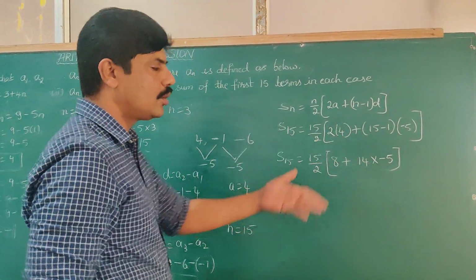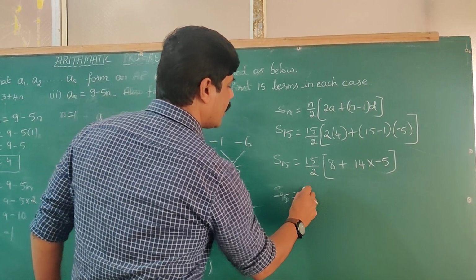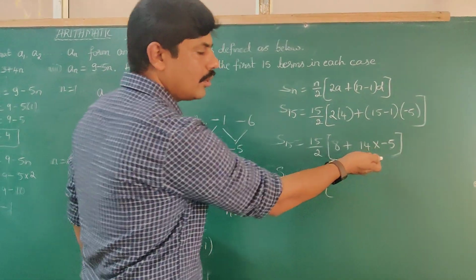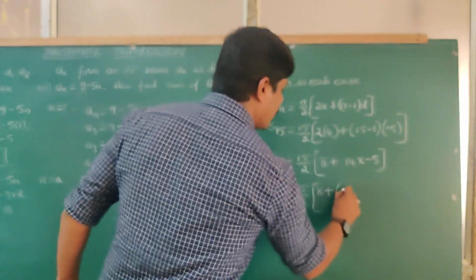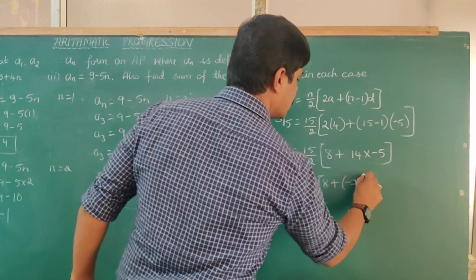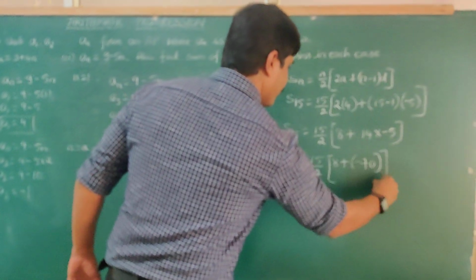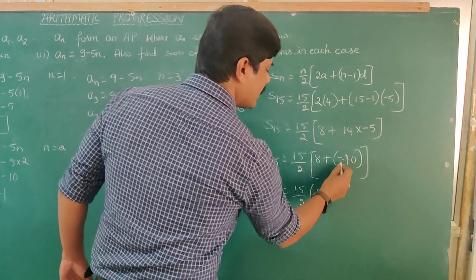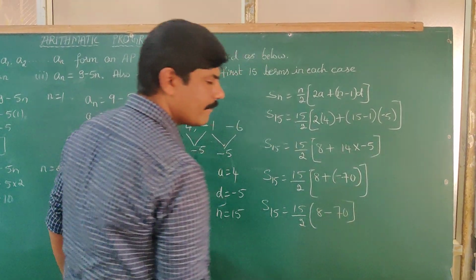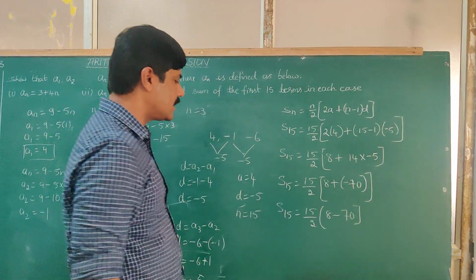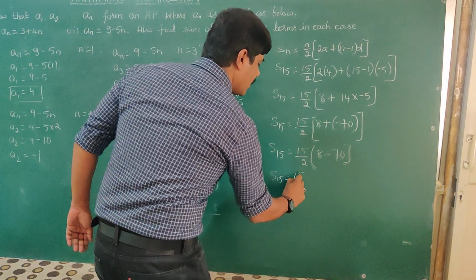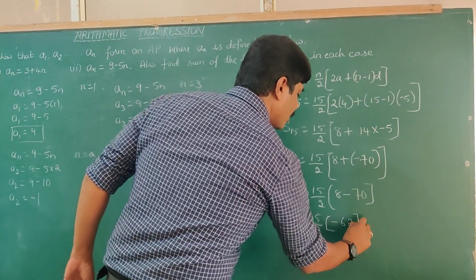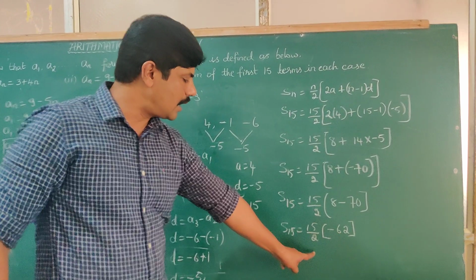Here you can take 2 as a common, or directly you can multiply and then divide. 8 plus 14 into minus 5 is minus 70. Now S15 = 15 by 2 into 8 minus 70. 8 minus 70 is minus 62. So 15 by 2 into minus 62.